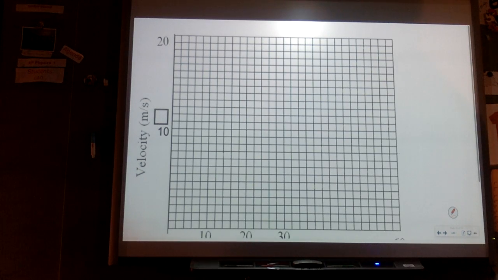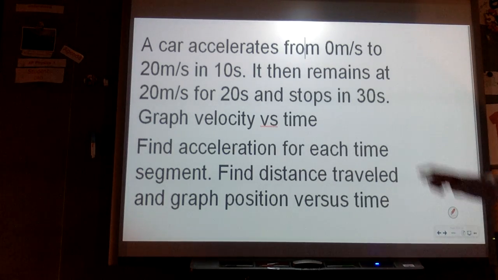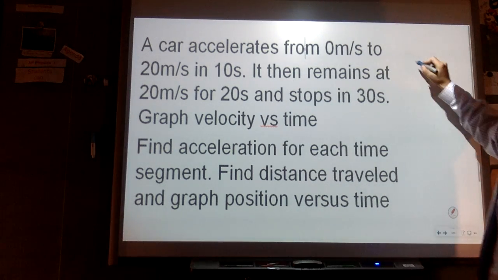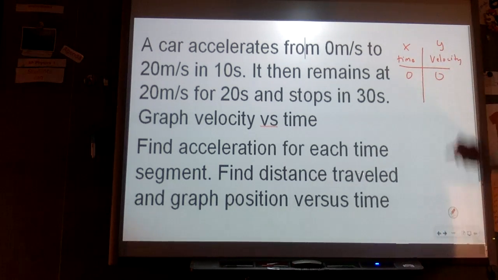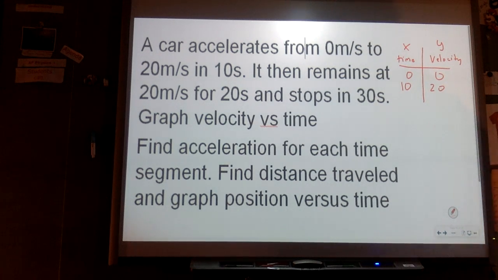All right, so they give it to us to start with what our increments are, so we don't have to pick that. In our first increment, it takes 10 seconds to get to 20 meters per second. So again, if we do our x as time and our y as velocity, I'm going to have 0, 0. At 10 seconds, I'm going to be at 20 meters per second.